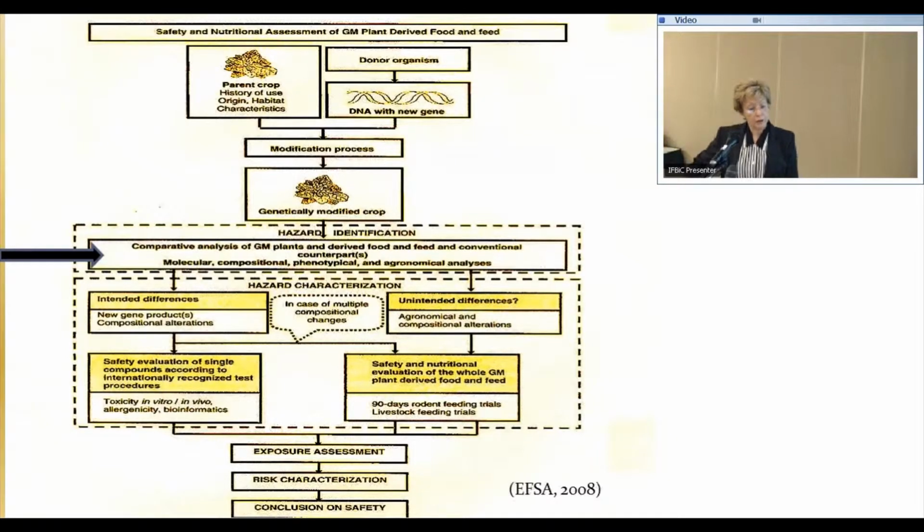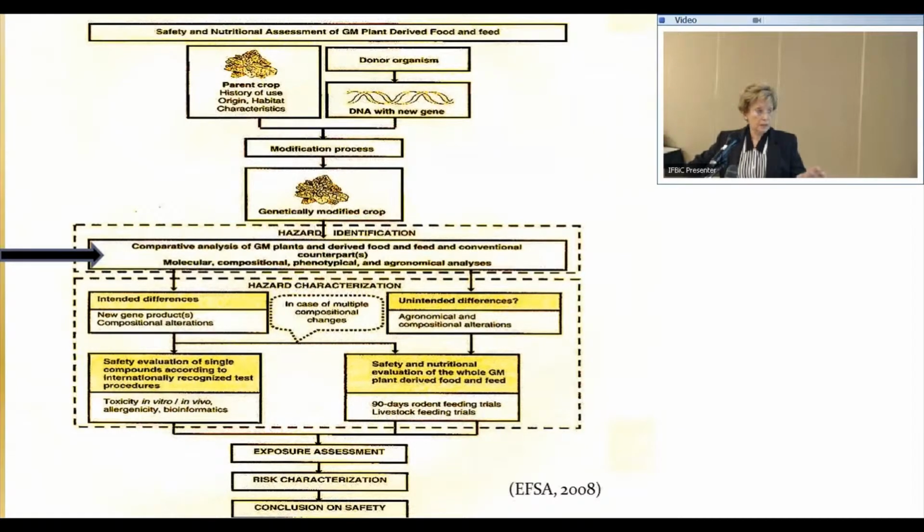So then it goes to the hazard characterization by intended differences, looking at the new gene products, the DNA, the RNA, and whatever is necessary, and where there's compositional alterations, the assessment could go into a more detailed analysis.